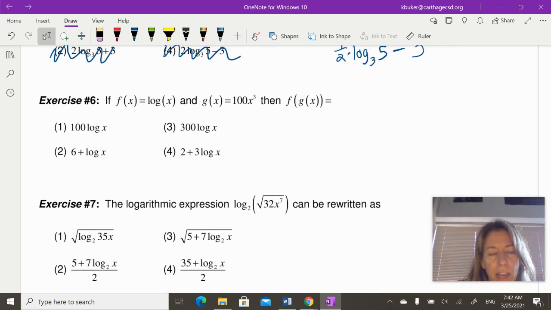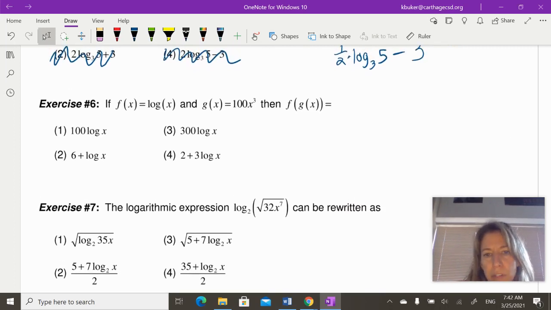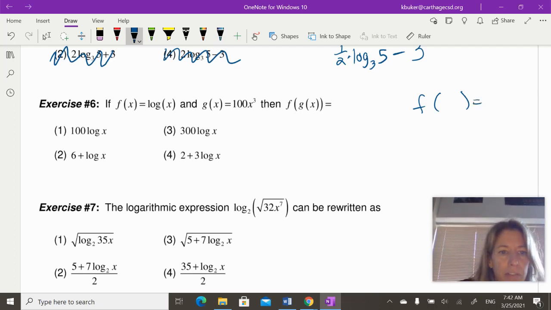Okay, exercise 6, this is called the composition of functions, which we haven't learned this year. You won't have any on your homework, but it's not really that difficult, so I'm going to do it with you in the notes. So this is saying what's f of g of x. Normally when they give us function notation, they just give us a simple number inside parentheses to input into our function, which f of x is log of x.